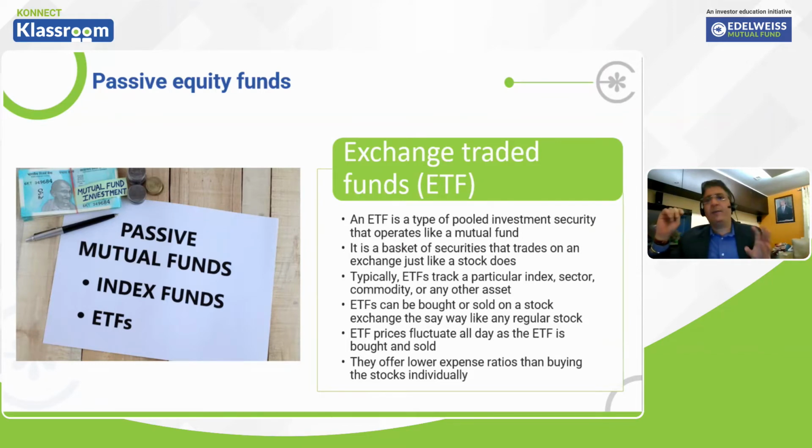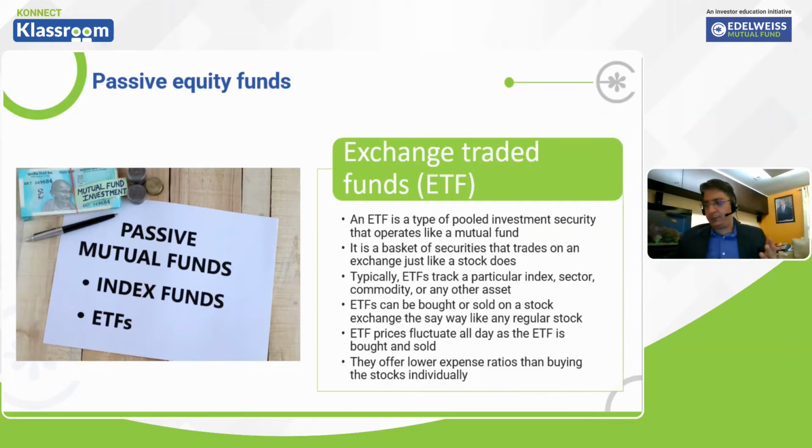So you could have, let's say, a large cap ETF, or you could have a gold ETF. When you talk of gold ETF, your returns are actually linked to the price of gold and the movement in the price of gold. And if you have a large cap ETF, your returns are linked to the large cap index that it is replicating.